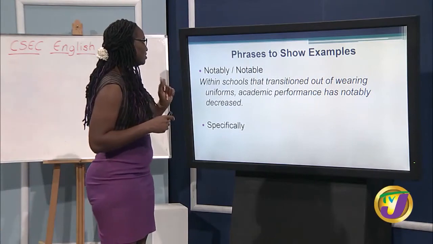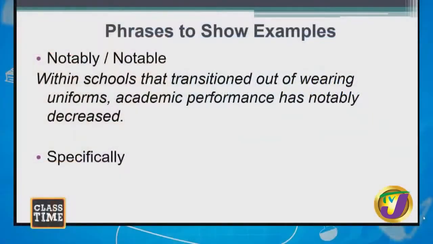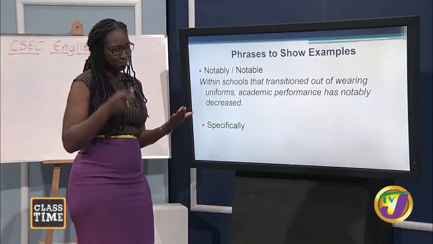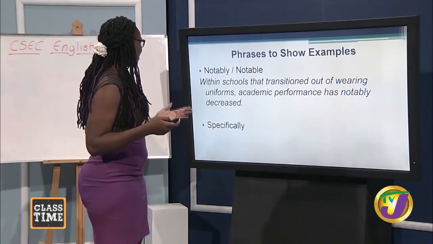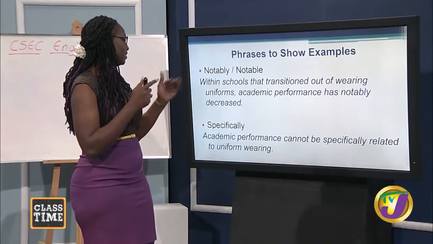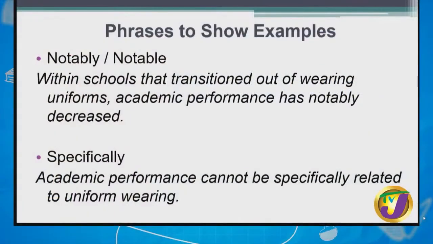Within schools that transitioned out of wearing uniforms, academic performance has notably increased. So the example you're giving is that in schools that have transitioned out of wearing uniforms, the academic performance has improved. Is that really true though? And for "specifically": academic performance cannot be specifically related to uniform wearing.